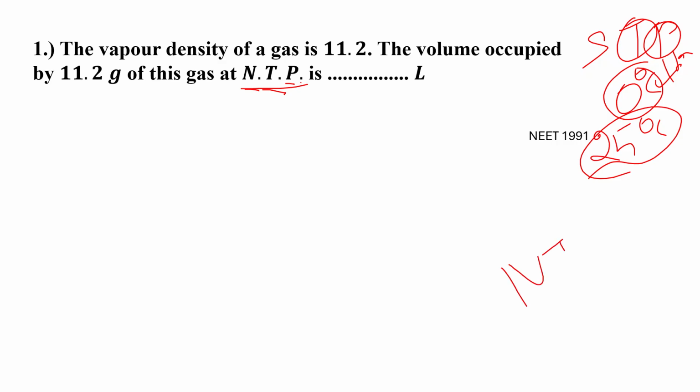NTP always has a slightly higher temperature than STP. Pressure is the same, 1 bar, but the temperature is always higher than STP. This is what is meant by NTP.